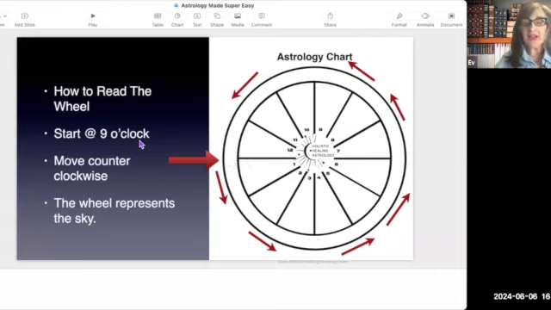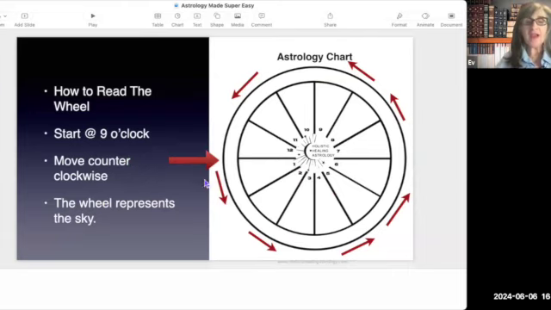We start at 9 o'clock right here, and then we move counterclockwise like these red arrows. Each house is numbered over here 1, 2, 3, 4, 5, 6, 7, all the way to 12. The wheel represents the sky. Okay? Any questions? Put them in the comments below.